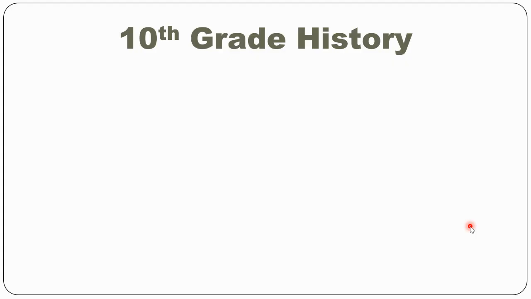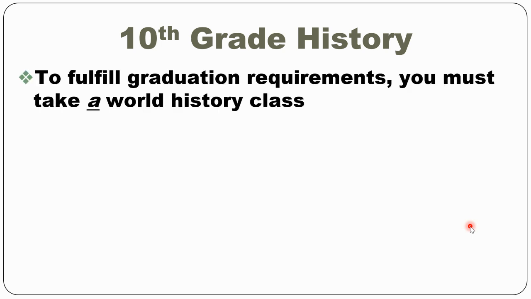So to start off with, in 10th grade for history, you have to take a world history class to fulfill graduation requirements. And you have three levels, three options to choose from. You can take the college prep or CP level. This is the default, the normal curriculum, normal course.